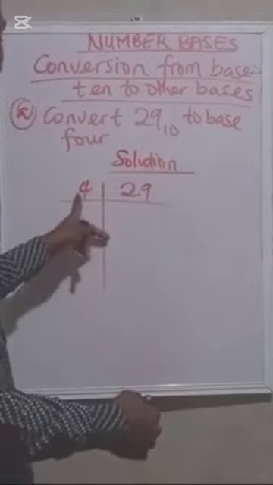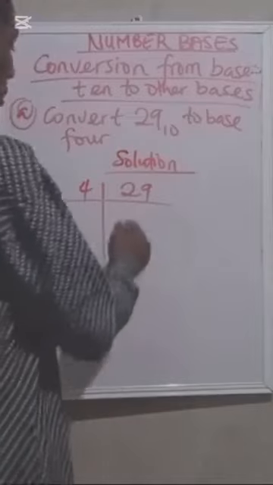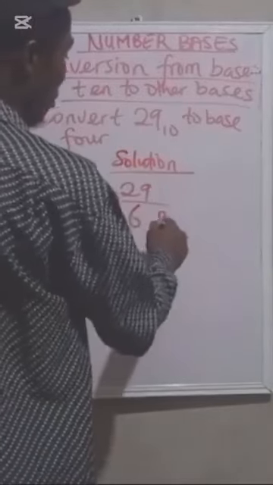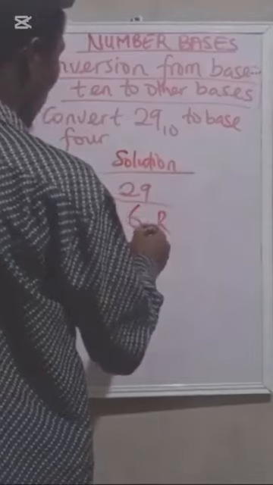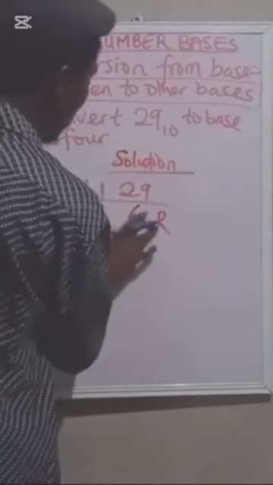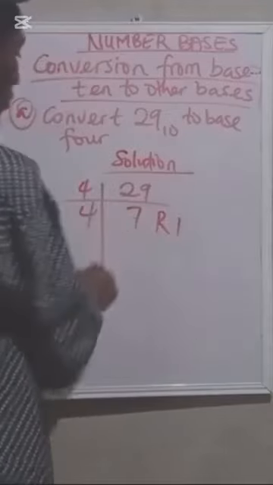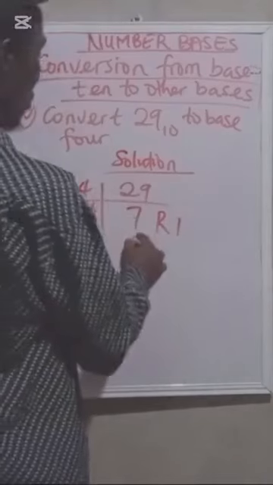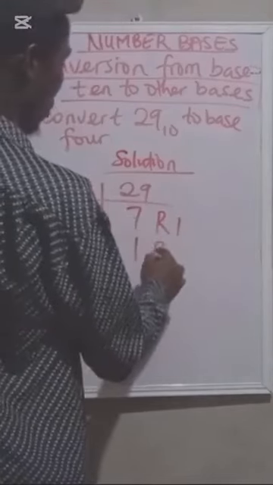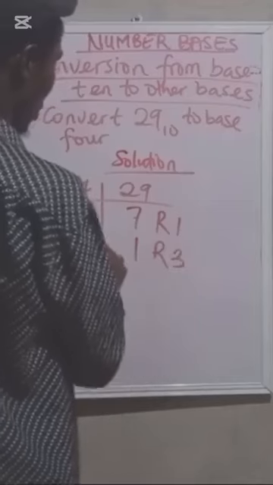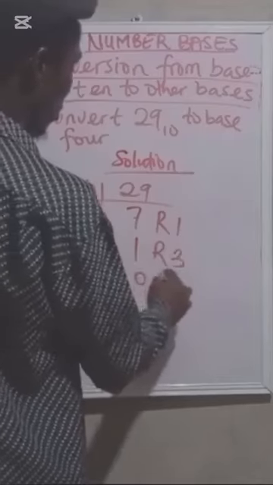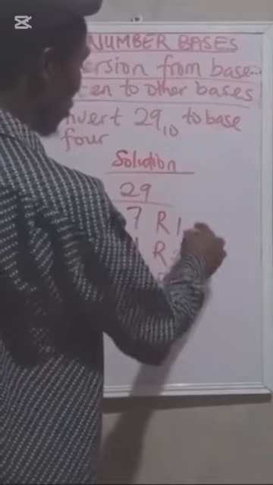Then you divide 29 by 4, which gives you 7, remainder 1. Then you make use of 4 also. 7 divided by 4 gives you 1, remainder 3. And then 1 divided by 4 is 0, remainder 1.